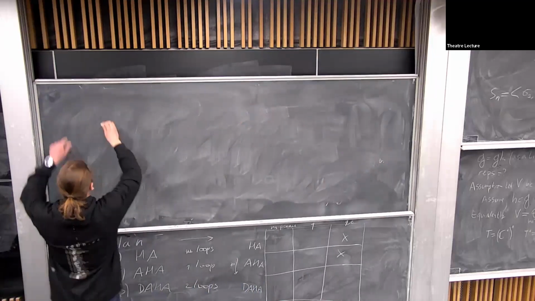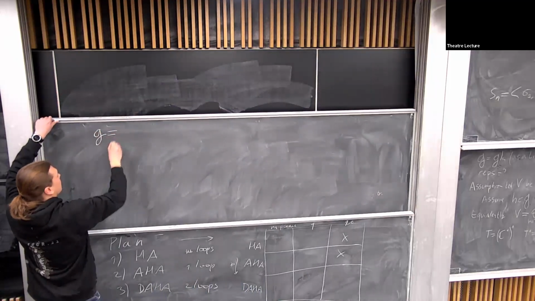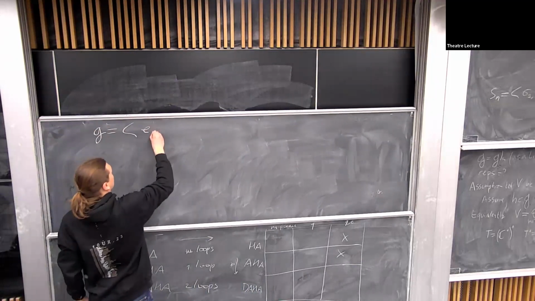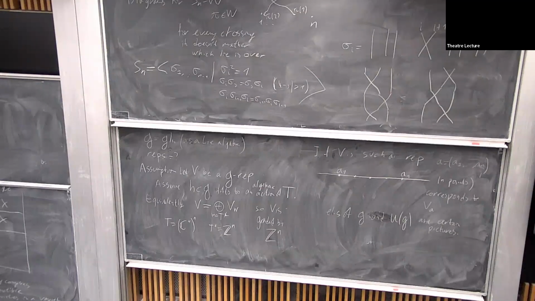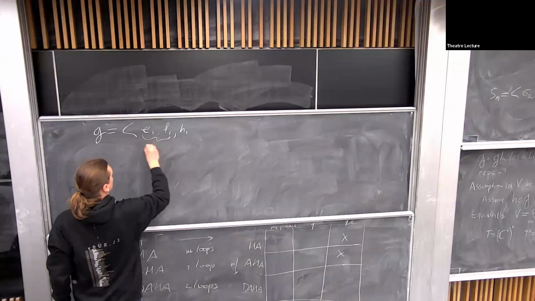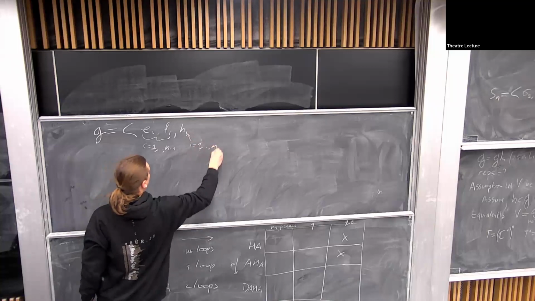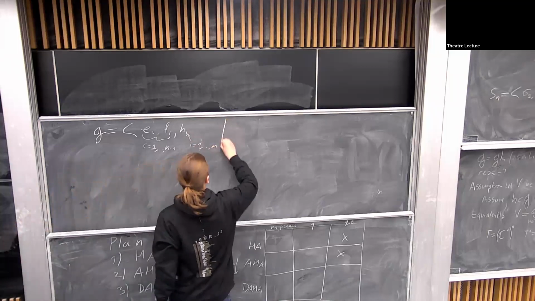As a Lie algebra, here is g. It is generated by elements I denote E_i, F_i, H_i. Here i is from 1 to n minus 1 for E and F, but for H, i is from 1 to n, modulo relations.